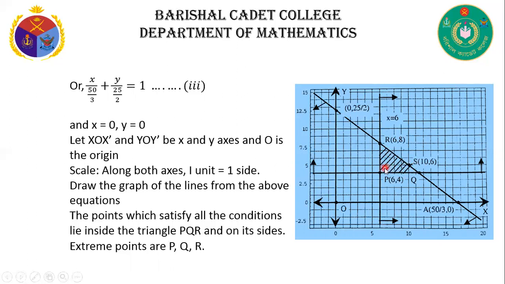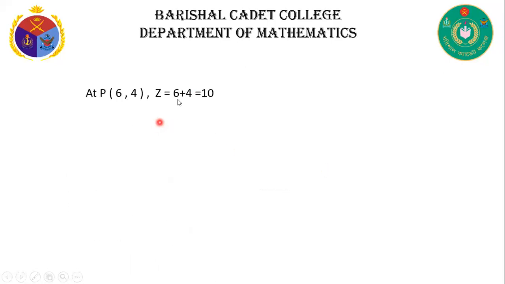Now we find the corner points or vertices. Here the first point is P (6, 4), and Q, S is (10, 6), and R (6, 8). Now we put these values in the objective function Z. If P is (6, 4), then Z is equal to 6 plus 4, that means 10.